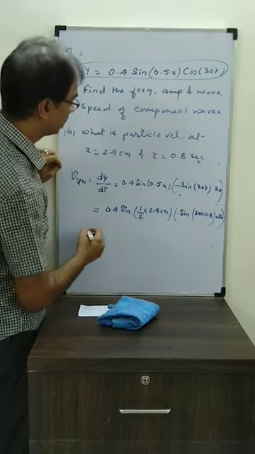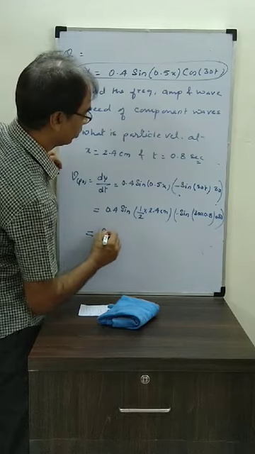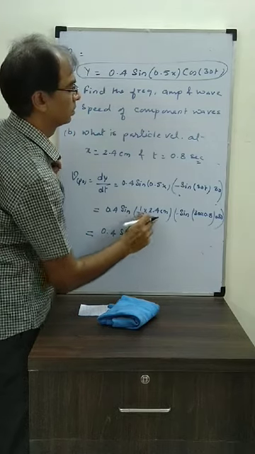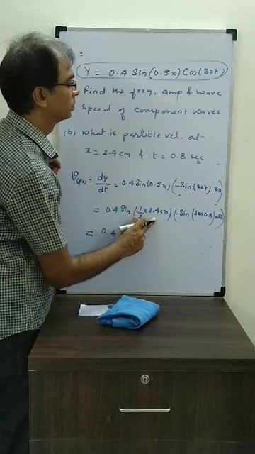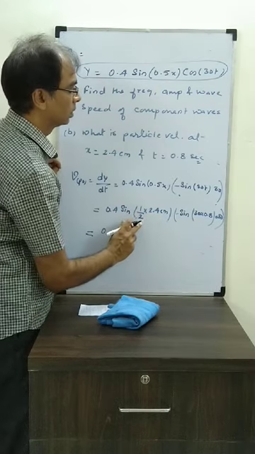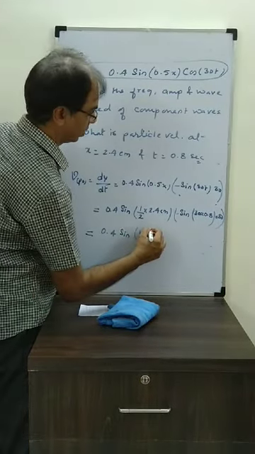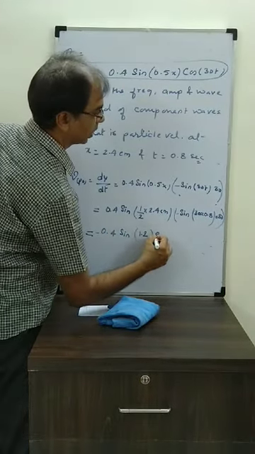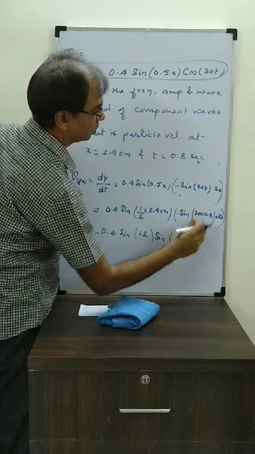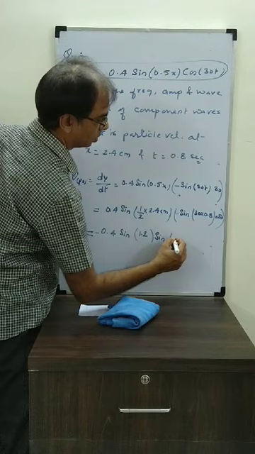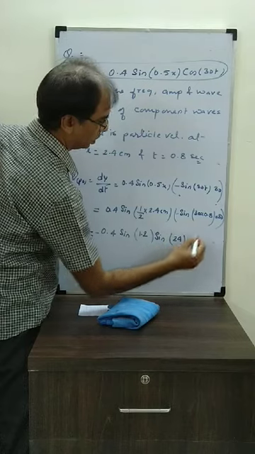What are we getting? 0.4 sin(2.4 by 2, that is 1.2), and the minus you can put over here, sin(30 into 0.8). 30 into 0.8 means 24, into 30.